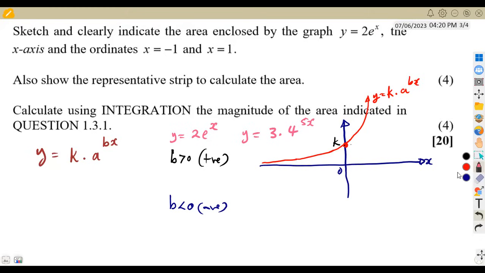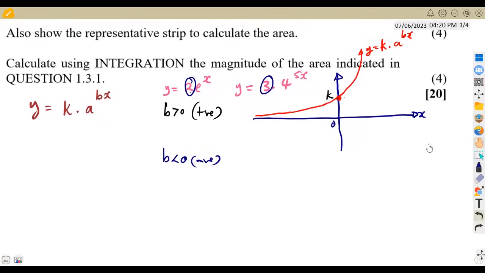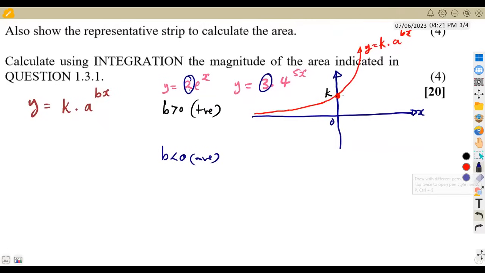All you need to know is that it is going to pass through the y-axis at these points. That is for this one at 2, for this one at 3. So they've got the same shape. All you need is to know how to sketch this type of graph. Each graph, you need to know how to sketch it, all right? Then we also have, like I said, it can be a negative like this. If it is a negative, it means our graph was going to be like this.